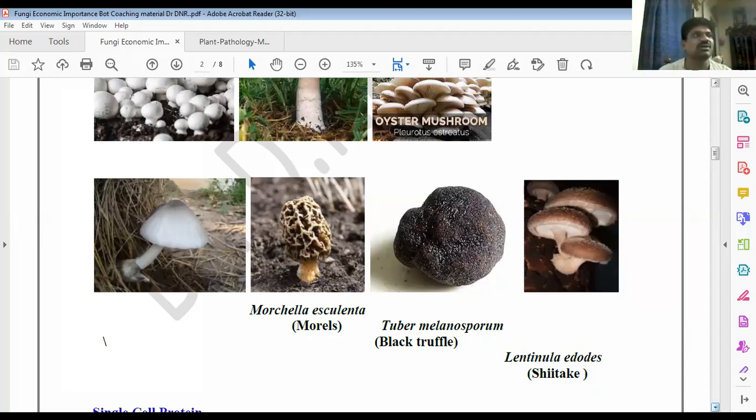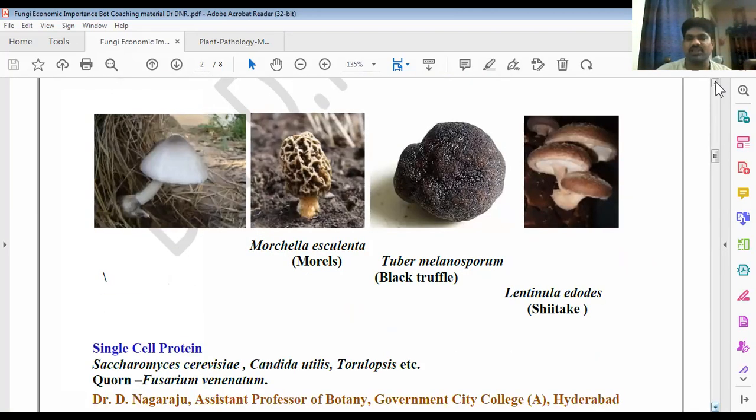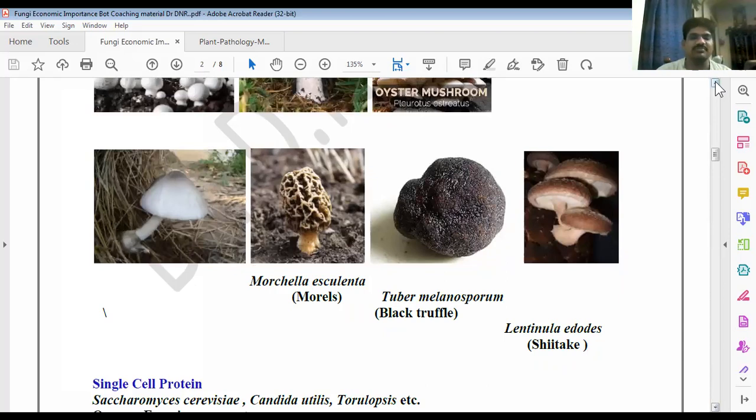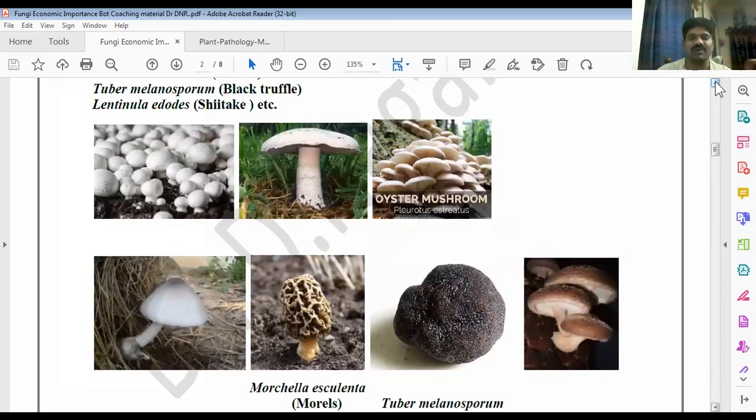Yellowish brown colored, earlobe shaped structures upon wood, on rotten wood, fallen trees and dried trees. You might have seen the brown earlobe shaped macrofungi. That is Ganoderma. That is a highly useful mushroom for cancer treatment.